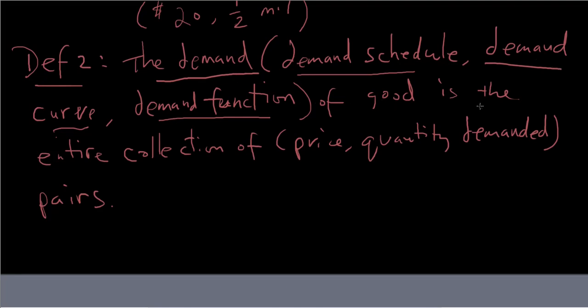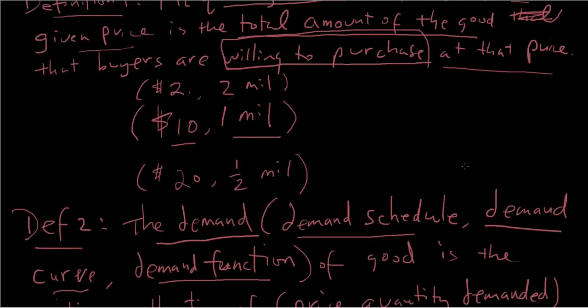So demand of a good is the entire collection of the price and the corresponding quantity demanded pairs. Each pair is a price and corresponding quantity demanded. At $2, 2 million units demanded. At $20, 500,000 units demanded, etc.